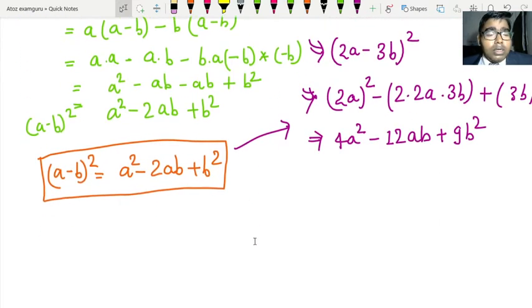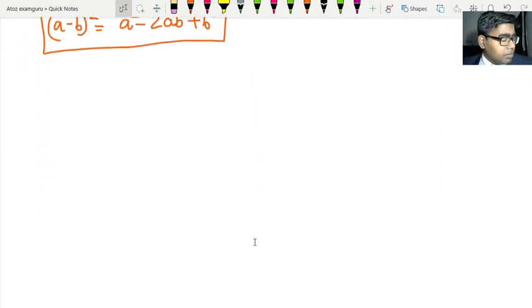Now move to the next formula, friends. If you add the above two formulas, then what will happen?